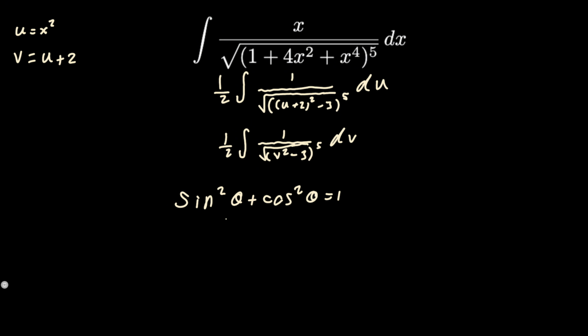So we're going to divide by cosine, so we will get secant squared theta is equal to sine divided by cosine, that is tan squared theta, and then plus 1. And we're going to subtract 1, so pretty much our substitution is going to be secant.